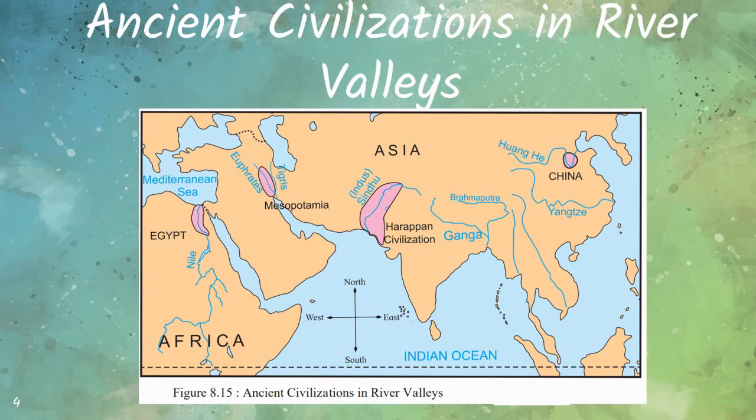He began to live a settled life. The next thing we are going to look at is the different types of civilization. The term civilization basically means the level of development at which people live together peacefully in communities.